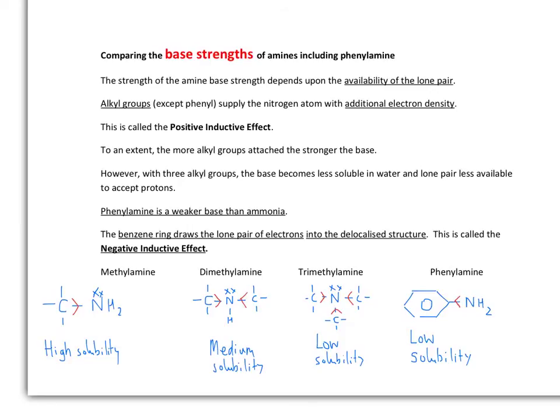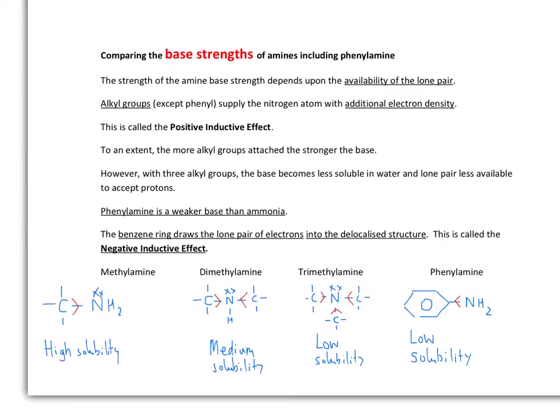So dimethylamine has got 2 methyl groups attached, so it has more methyl groups to donate the electron density to the nitrogen. So there's a greater amount of the positive inductive effect than the methylamine.